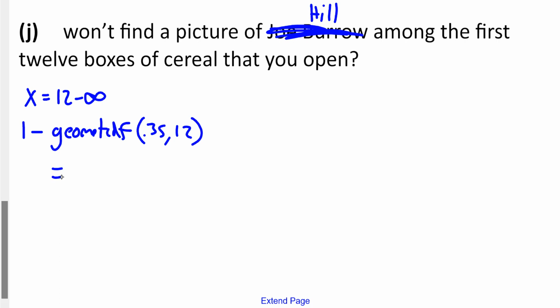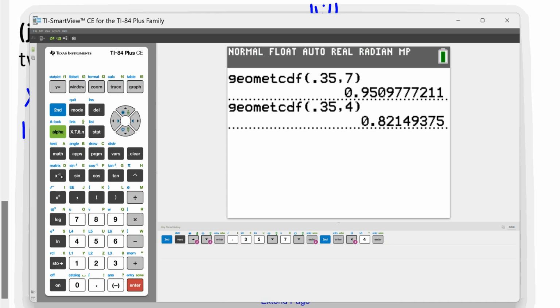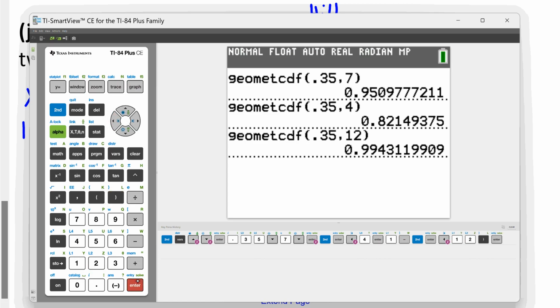I'll pull this up so you can see it. It would be 1 minus that, so it would be 0.00569, we'll say.